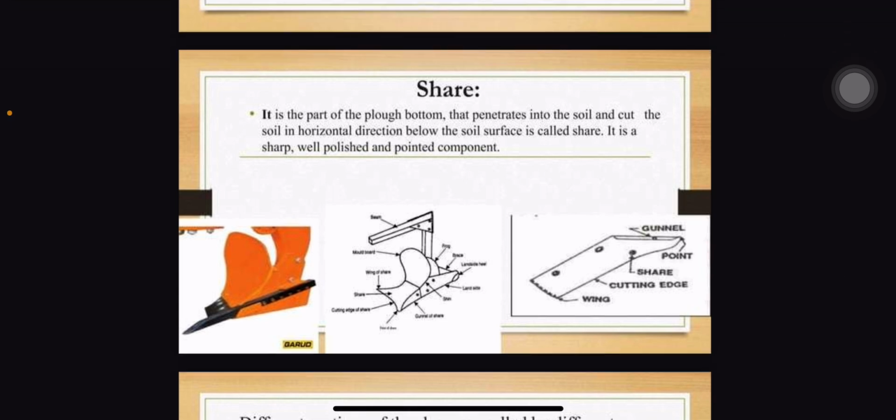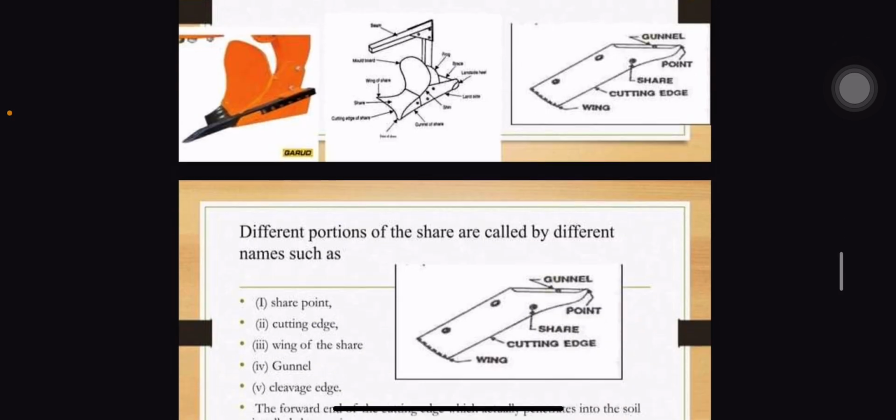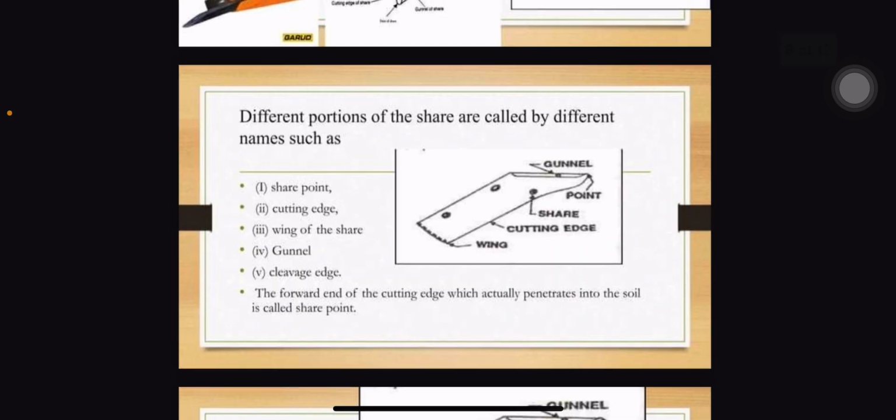Share. It is the part of the plough bottom that penetrates into the soil and cuts the soil in a horizontal direction below the soil surface. It is a sharp, well polished and pointed component. There are many different types of share used under many different soil conditions.